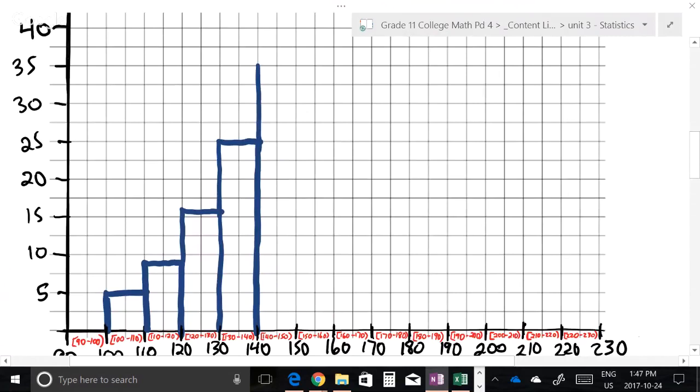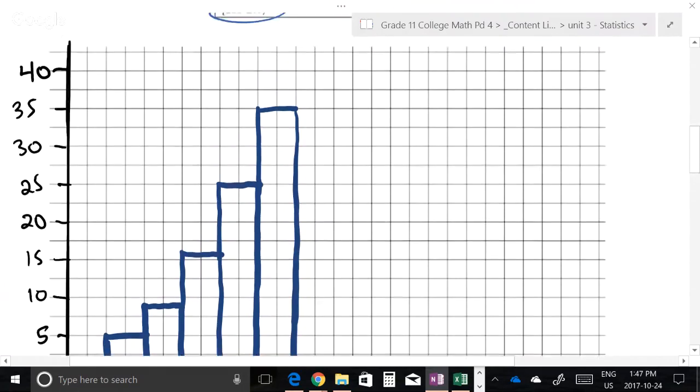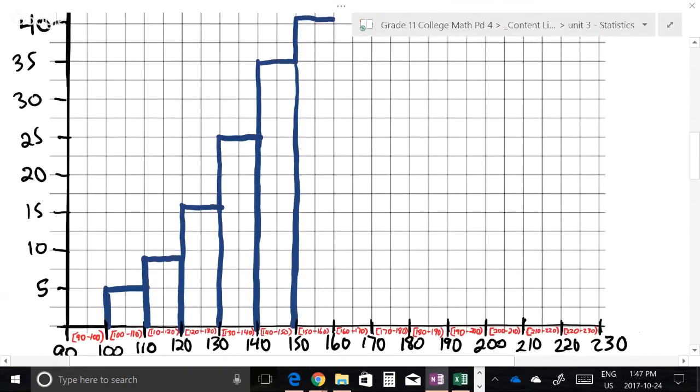Oh, big jump. Okay. And next. 41. Is that our highest value? I hope it goes down after that, because I'm running out of room. All right, what's the next one? 34. So maybe like that.